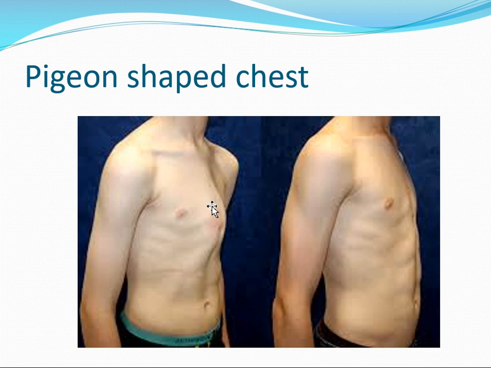Then you can see the bulging of the sternum. This is a normal chest, and this is the bulging of the sternum, known as the pigeon shaped chest. So in various respiratory diseases you can find these kinds of chest.